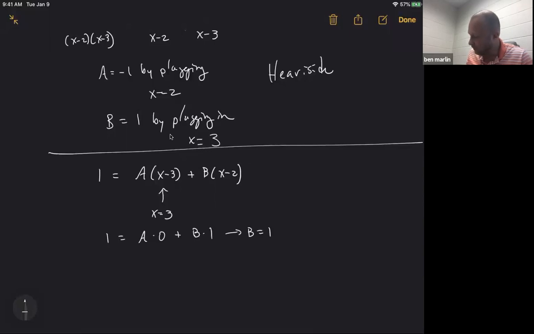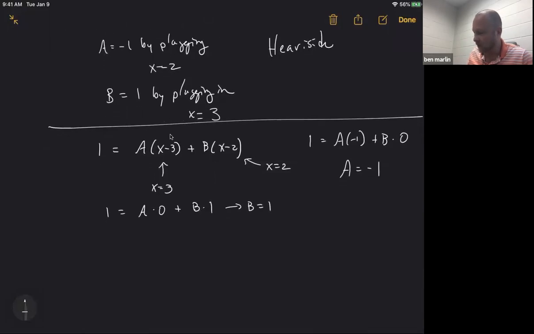If I were plugging in x equals 2 here, then I would get 1 equals a times minus 1 plus b times 0, so a equals -1. Really you're doing the same thing as the Heaviside cover-up method there, but you're thinking about zeroing things out. Okay, so that is our example of what to do when you have distinct linear factors.